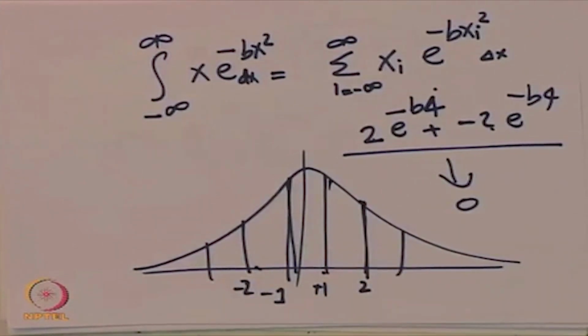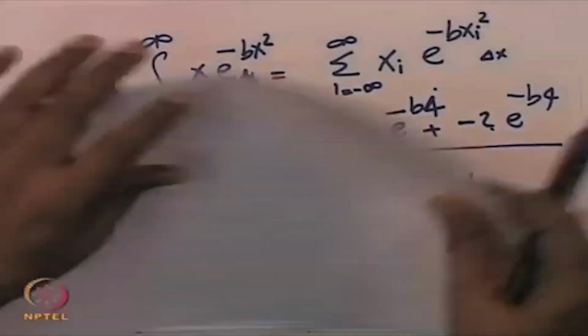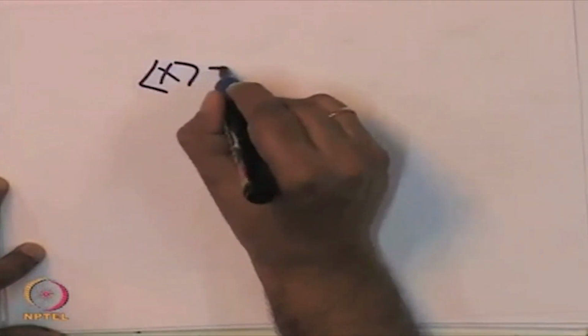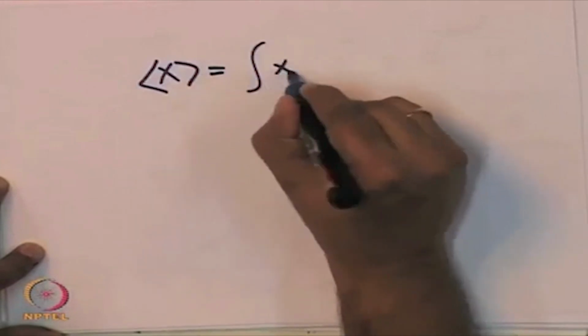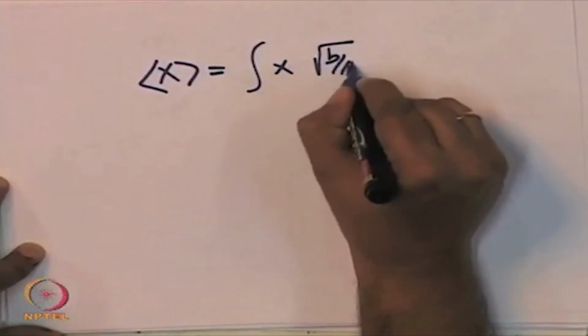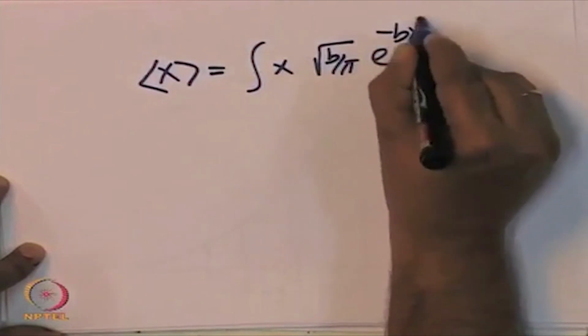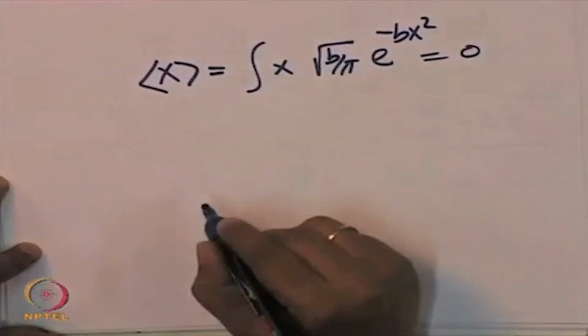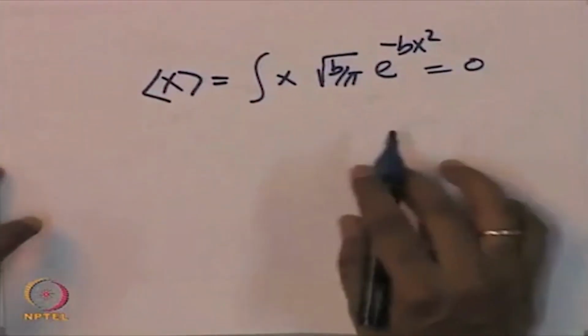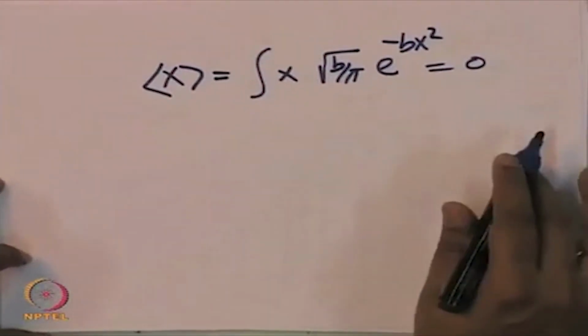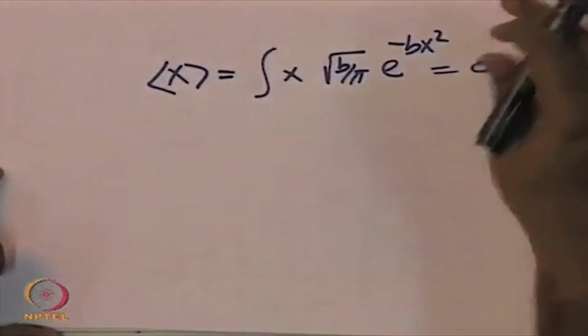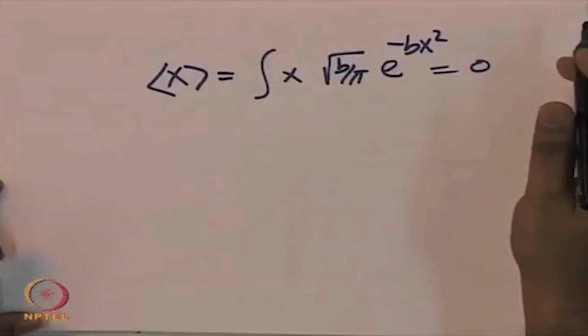So this is one way of saying it. It turns out that the x average is 0. The x average, which is the integral of x root of b by pi e power minus b x square, is 0. Now, there is a rigorous way of showing this, which is actually not very difficult at all, it is easy.